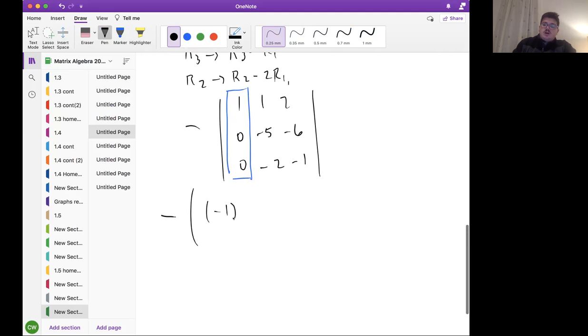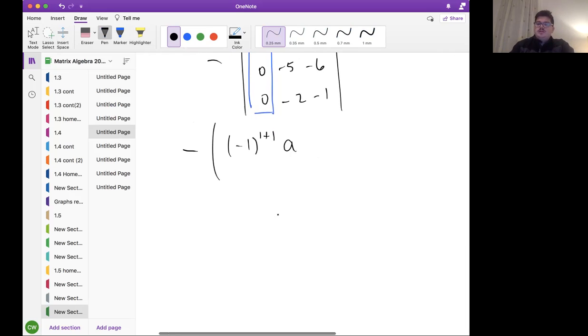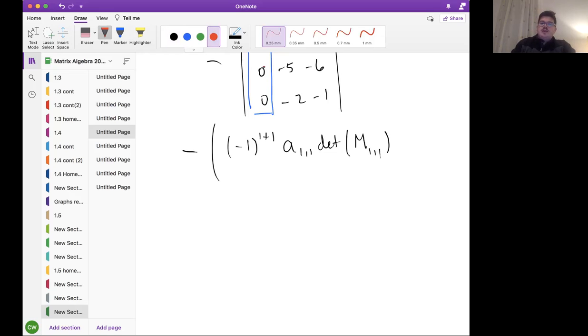So you have -1 to what's the power? 1 plus 1. What's the subscript? I think it's easier to talk about the subscripts. 1, 1. And then what's the minor 1, 1? That's where the 1 plus 1 comes from. This is the sum of the coordinates.